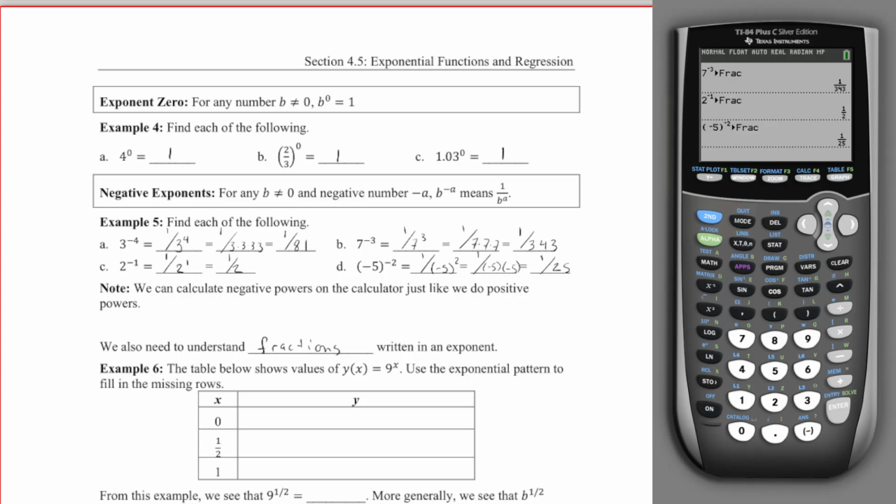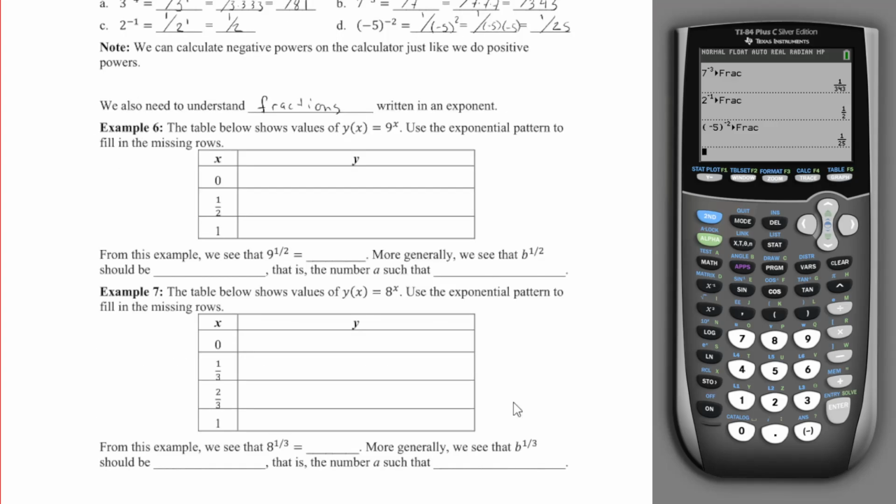And what we're going to do is think about still this exponential pattern, and so what these fractions need to be. So here we have a table, and we're going to think y of x is 9 to the power x. So in this first row, we have 9 to the power 0, which we know is 1.